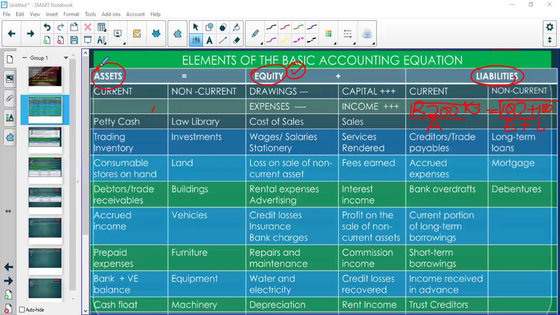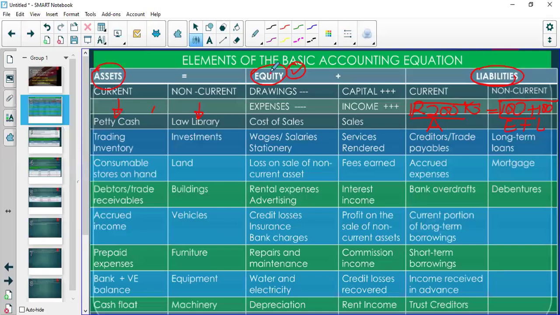We're not going to focus on these elements of financial statements, but this is just a reminder that you need to know that we have elements called assets, and they can be current and non-current. In one of the recordings which I shared with students publicly, which can be retrieved from YouTube, I do explain what all these things are and how we identify them in a transaction. We need to be able to identify the assets in a given scenario.